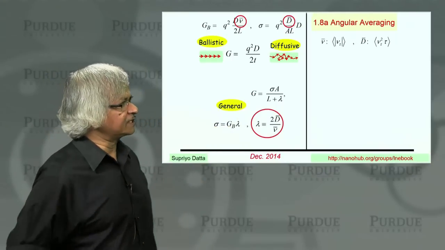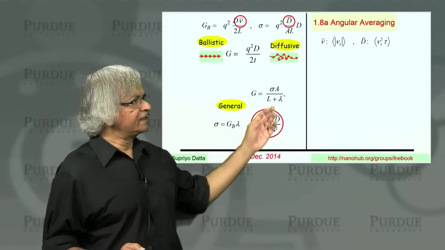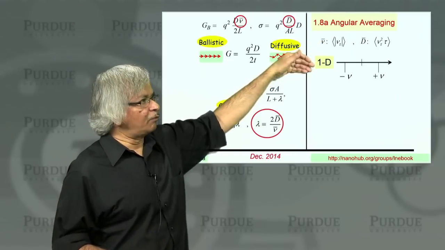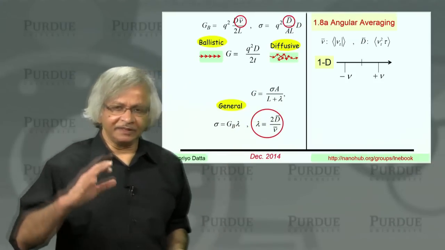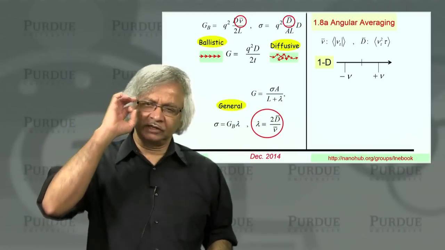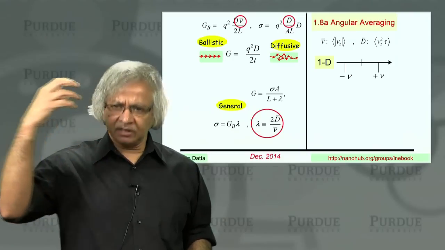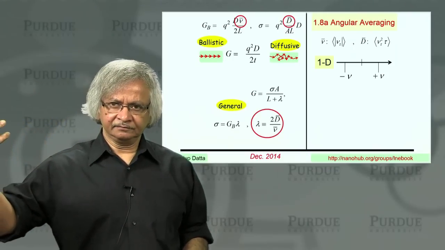So let's start with the simplest case, a 1D conductor. In 1D, remember, we are talking of elastic transport, so we are talking of electrons with a certain energy, and a certain energy corresponds to a certain velocity.